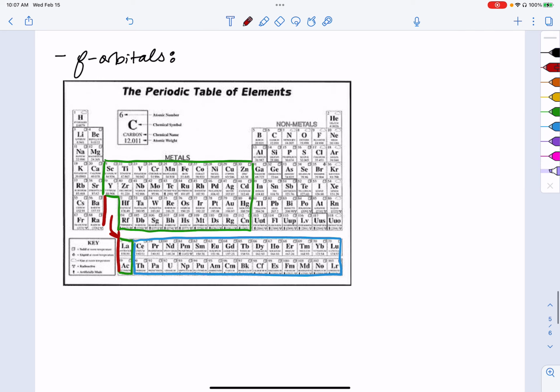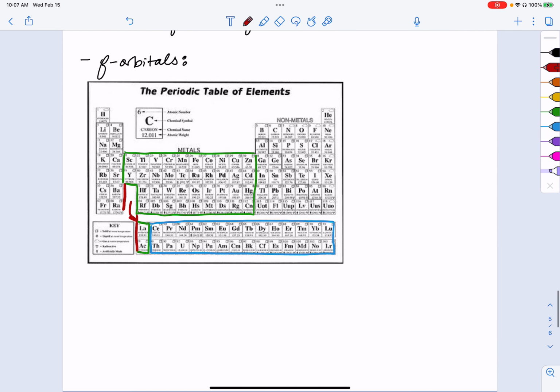So this is kind of hard to see, that recession or that pulling out from the periodic table.